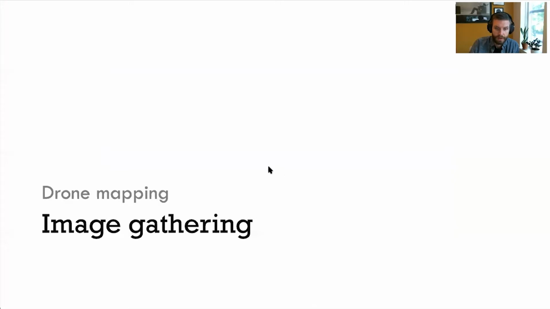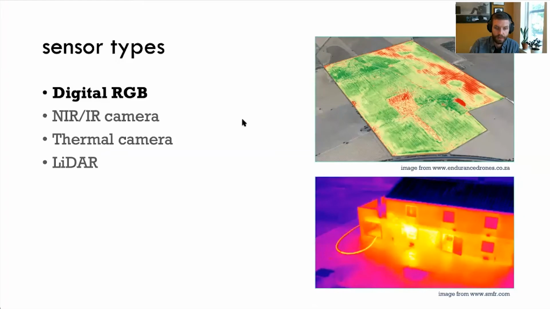So part of drone mapping is the gathering of images. There's a couple different sensor types that a drone can carry. There's digital RGB, red, green, blue, which is your standard digital camera, and that's the one that we'll be focusing on. That's what most drones come equipped with as standard if they have a camera, and it is most common.